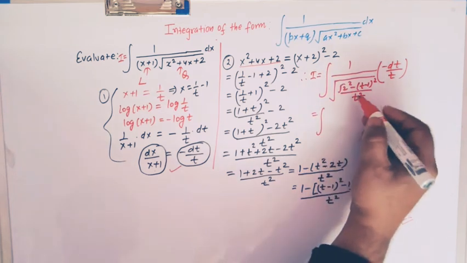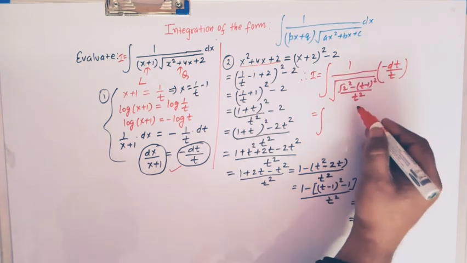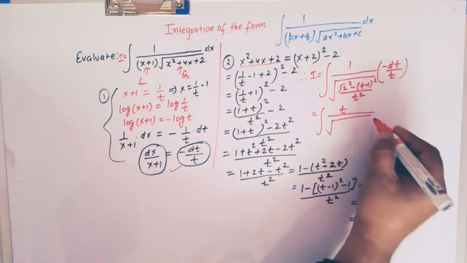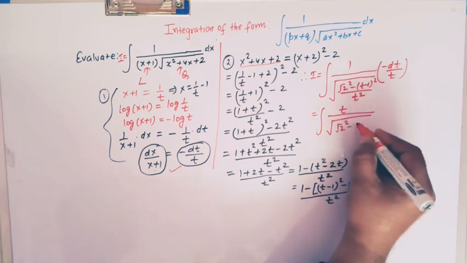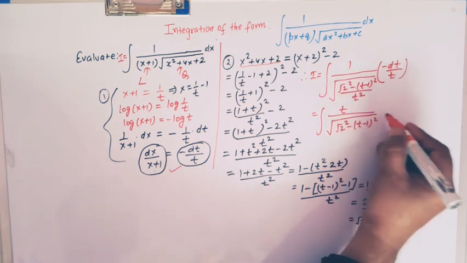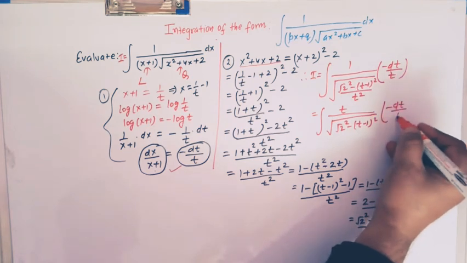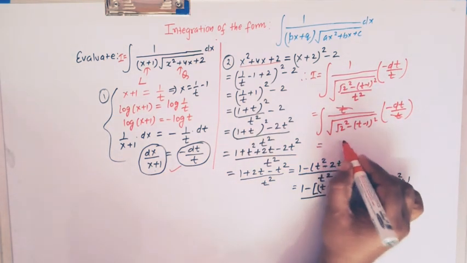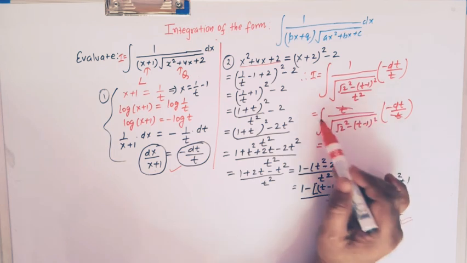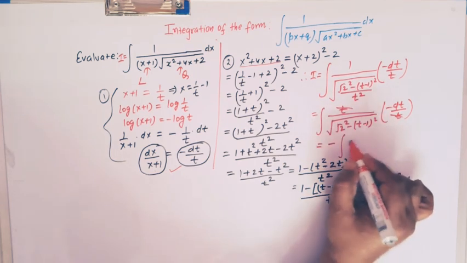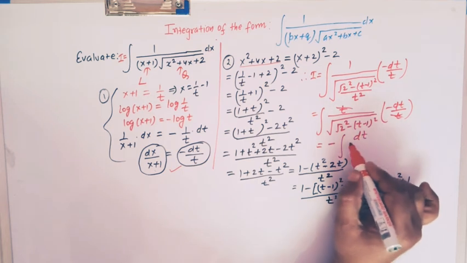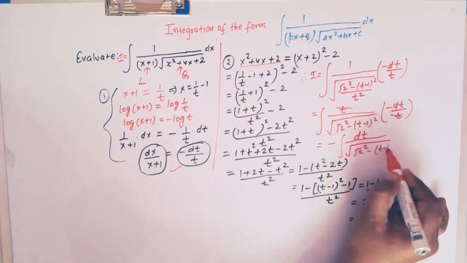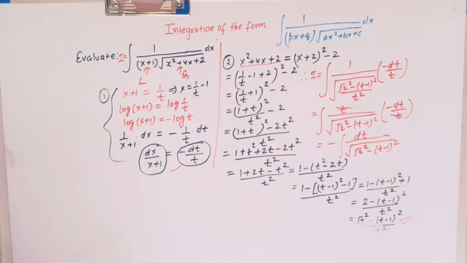Now taking this t square outside the integral sign and taking it to the numerator, we have t, and we have square root of root 2 square minus t minus 1 square, and here we have minus dt over t, right? And this t gets cancelled, so now we are left with, taking this negative sign outside the integral sign, minus dt over square root of root 2 square minus t minus 1 square, right?